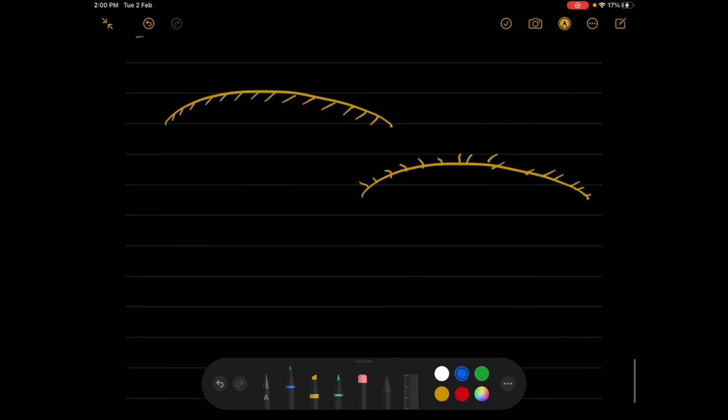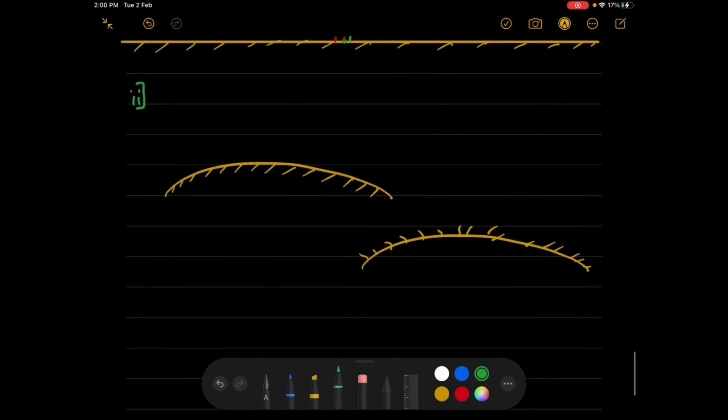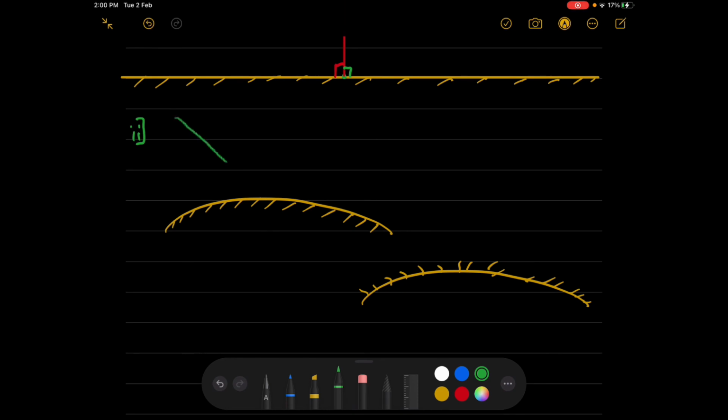So we draw an incident ray from here. The incident ray comes here, strikes at the point of incidence. Here's the reflected ray, and here's the normal.